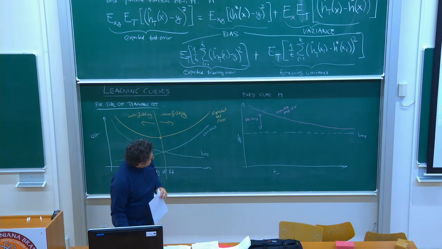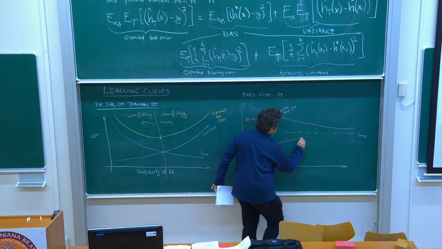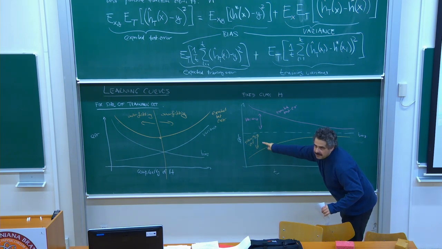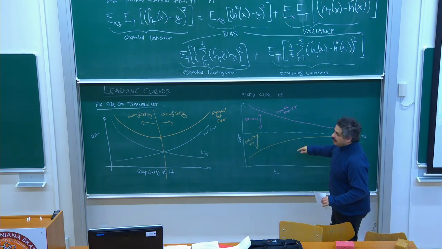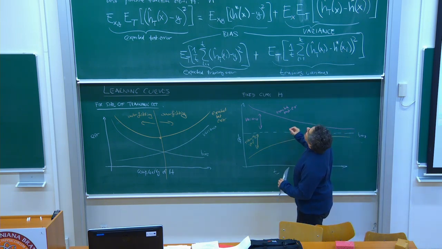So then you have something like this. You start somewhere here, and the training variance, which is the difference between these two, will actually decrease with increasing t. And this is expected training error.